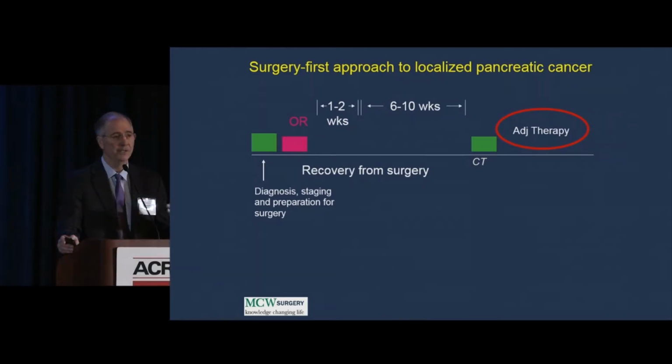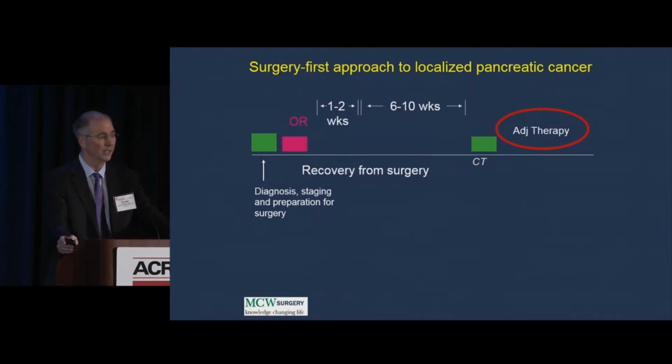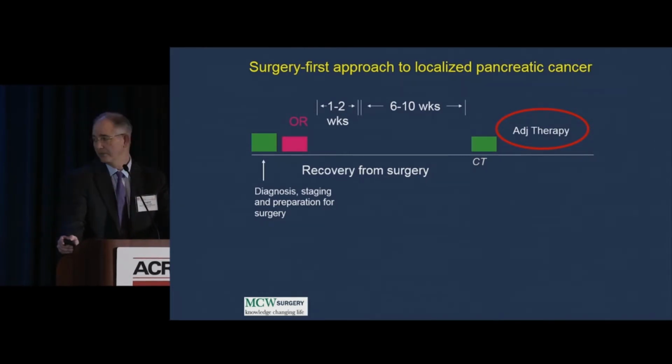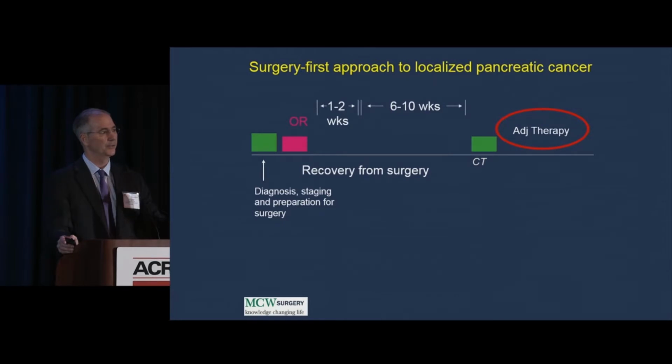And because of our underlying bias that radiation therapy should be part of the treatment for operable pancreas cancer, we hand-picked these patients. These were the smallest tumors known to mankind that could be FNA biopsied. And I'm sure that looking at the list of institutions that enrolled in this trial, they had a similar bias.